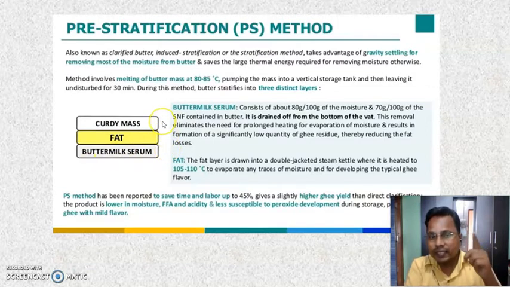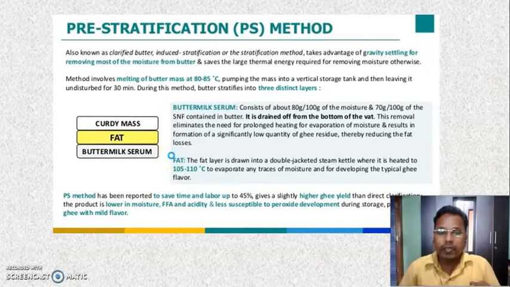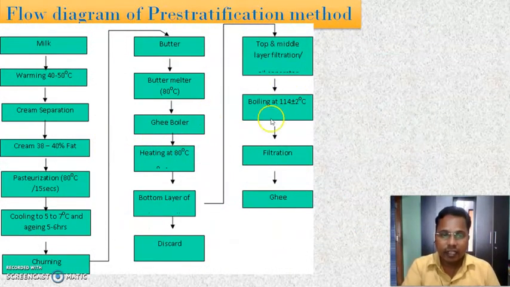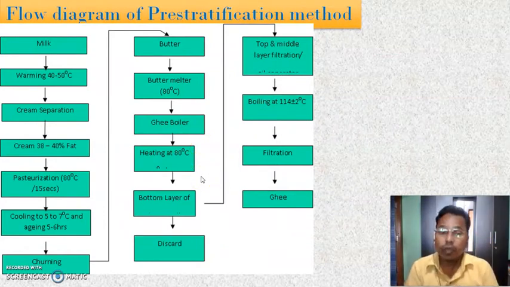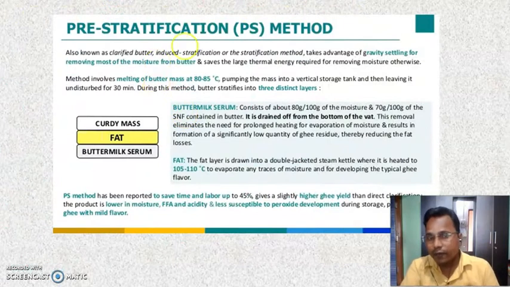So these three layers are formed when butter is melted to 80 degrees Celsius in the ghee boiler and it is kept as it is for 15 to 30 minutes. And so these three layers are formed.